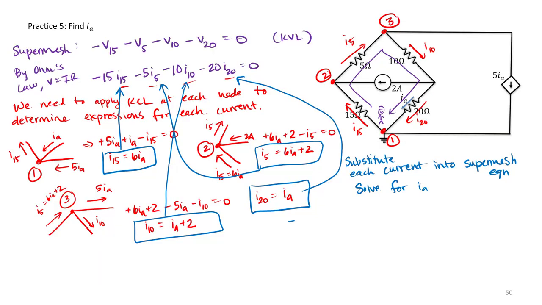We will get minus 15 times the current through our 15 ohm resistor, which is just 6IA. Then we have minus 5 ohms times I5, which is 6IA plus 2. Then we have minus 10 times the current through our 10 ohm resistor, which is IA plus 2. And then finally, we have minus 20 times I sub A, which is the current through our 20 ohm resistor.